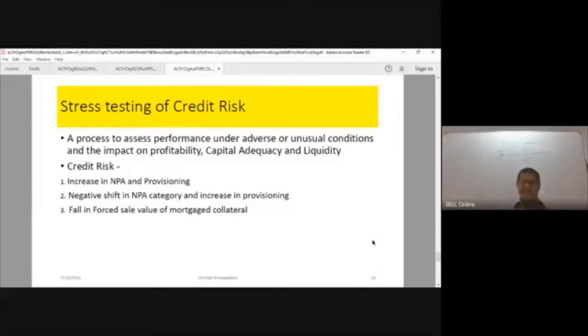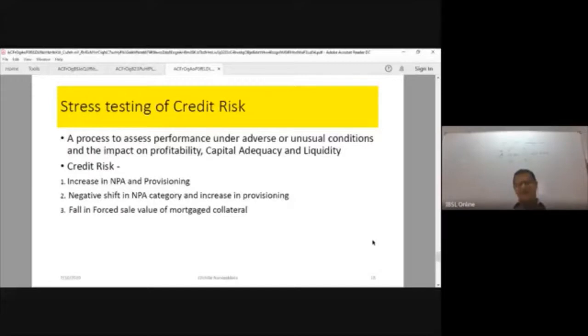Say up to August you have a certain profit. After August, your profits will decline or you will make a loss on those loans, and those will have to be written off from the annual profit of that particular year. When that happens, your profitability gets affected, and your capital adequacy also will get affected.